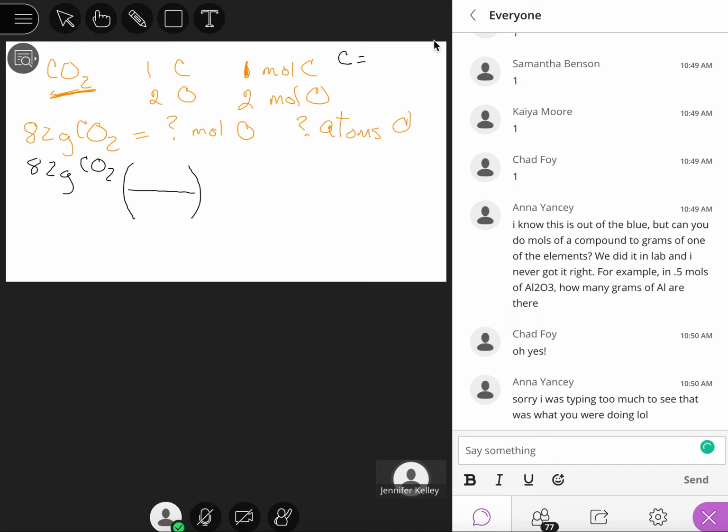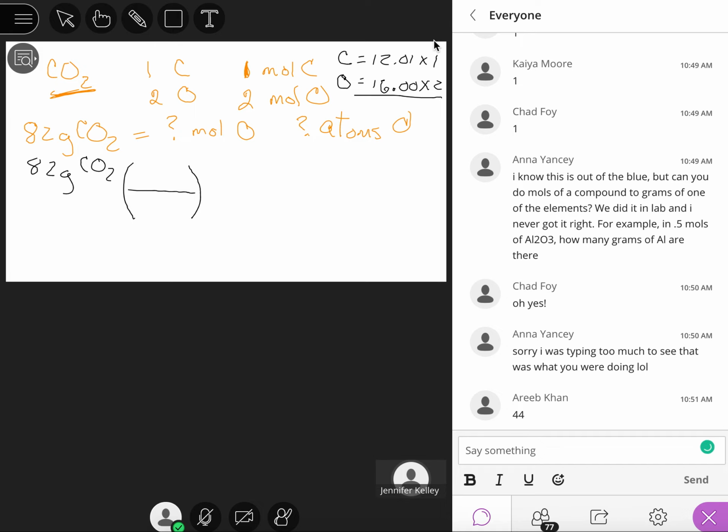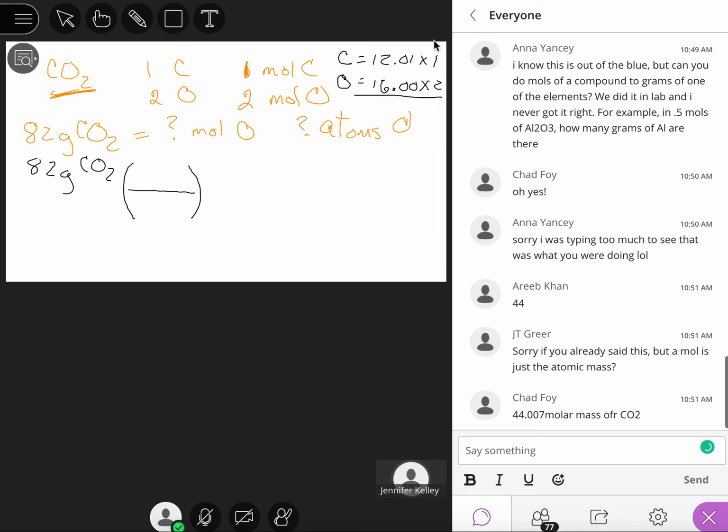So carbon is 12.01, and I have 1 carbon atom, and oxygen is, well, they have 16 here. So that's basically 32 plus 12, so it's 44 grams per mole.